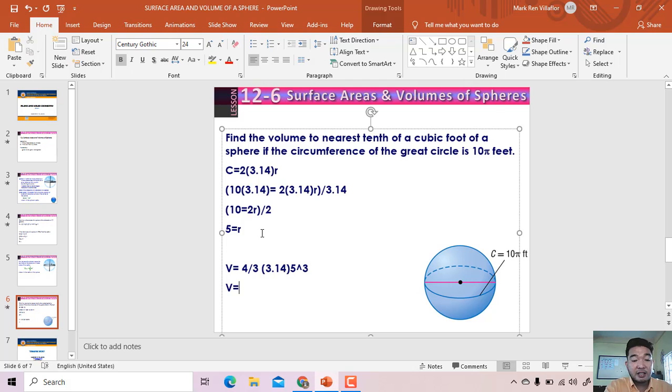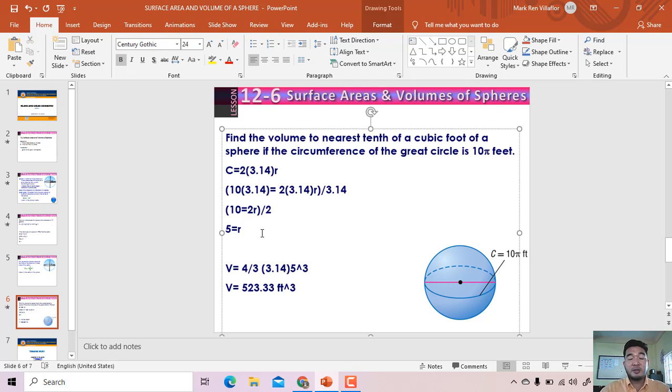Simplifying it further, we multiply 4/3 by 3.14 times 5 cubed, which is equal to 523.33, and the unit would be cubic feet.